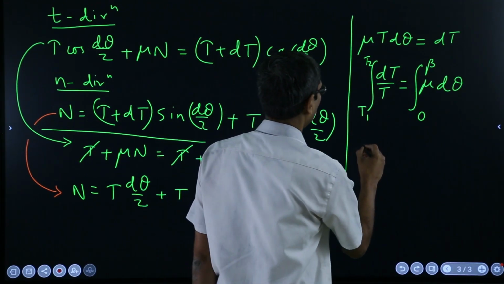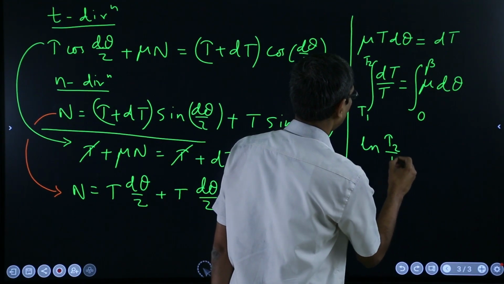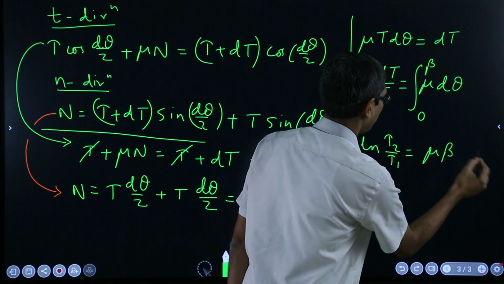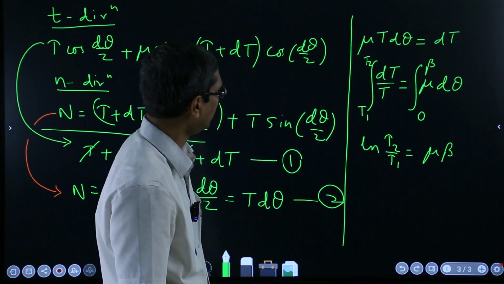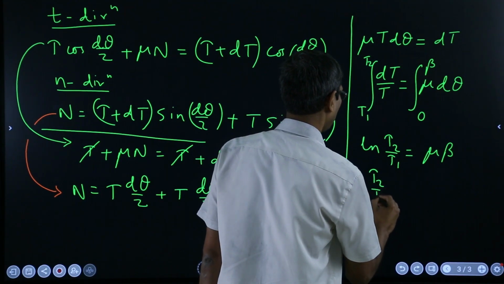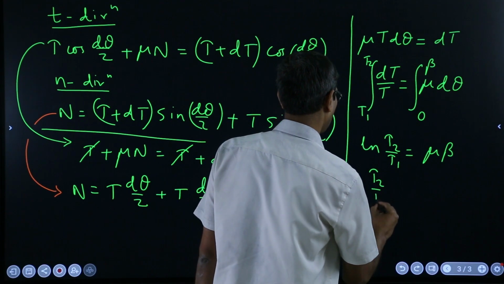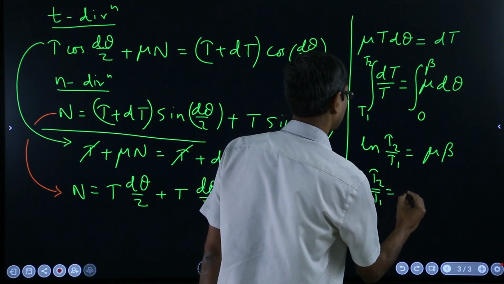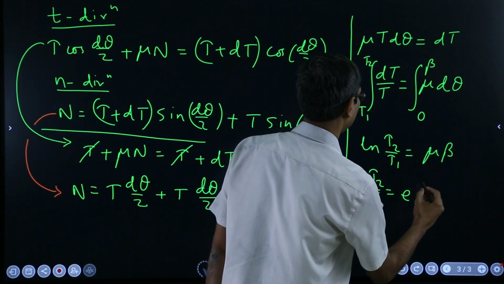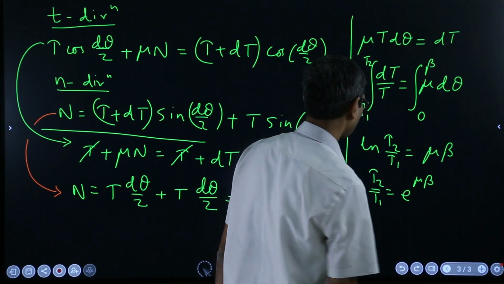Then you will get ln T2 over T1 is equal to mu beta, right. So that means T2 over T1 is equal to e raised to mu beta. Fine.